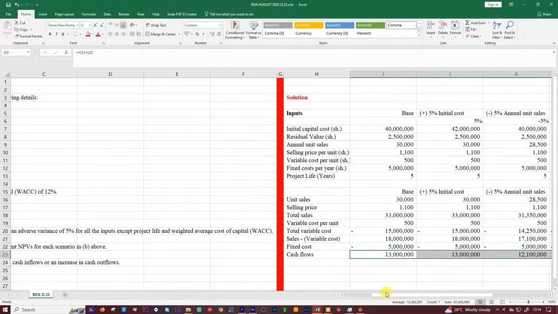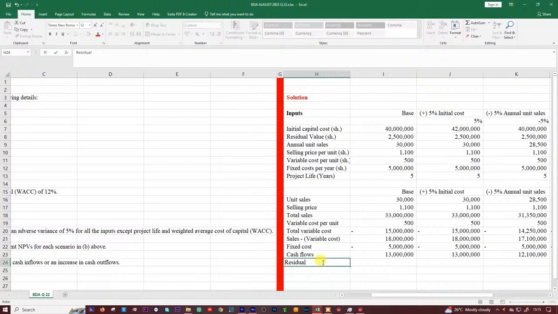But remember one thing, that there was a residual value over here that we didn't factor in. So we just put it in there. So the residual value, year 5, so you can put it in year 5, is a cash inflow. So of how much?